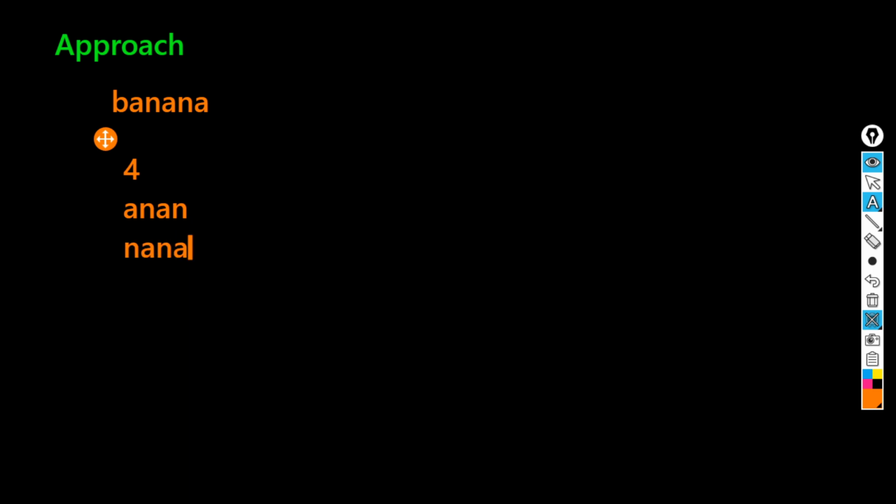So it is also not equal. Then the next substring would be NANA, but no next substring will be there, so we will not compare. So for 4 we did not find any substrings which are equal to each other. So we will consider 3 as the solution.